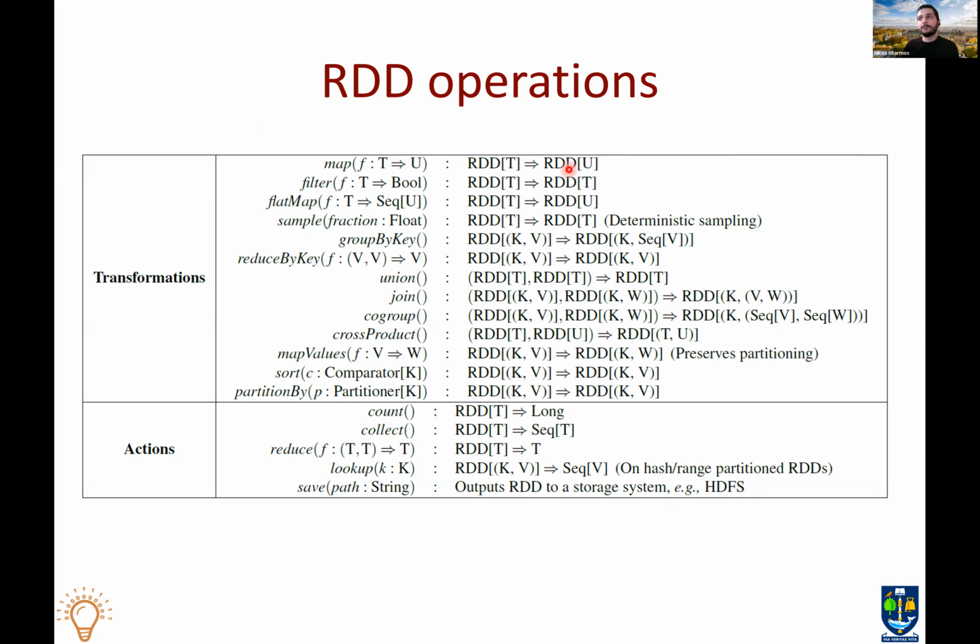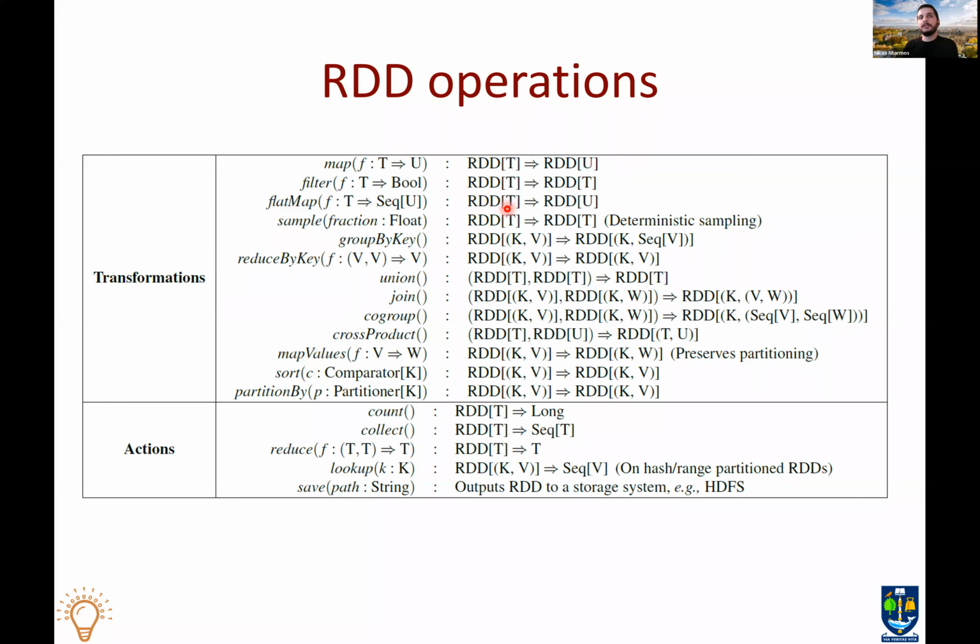I mean, we can go through these and explain what they do. I'm not sure that would be of value. Or actually, let me just do it very quickly. Map takes an RDD, and for every item in the source RDD, creates an item in the output RDD. Okay, one to one.